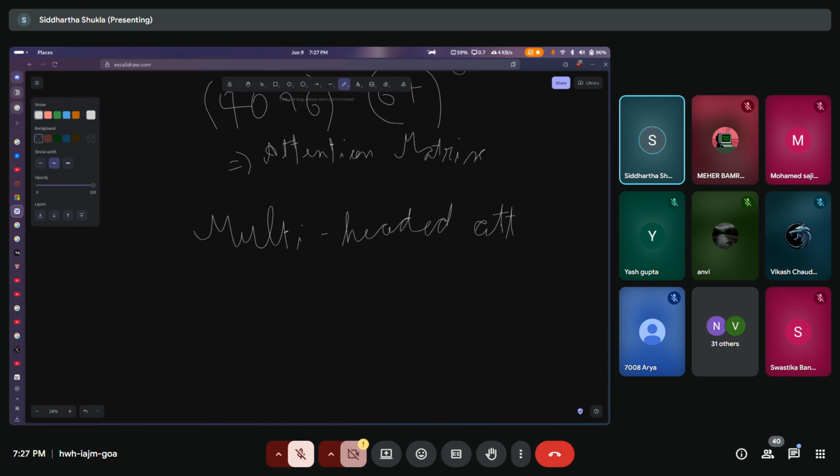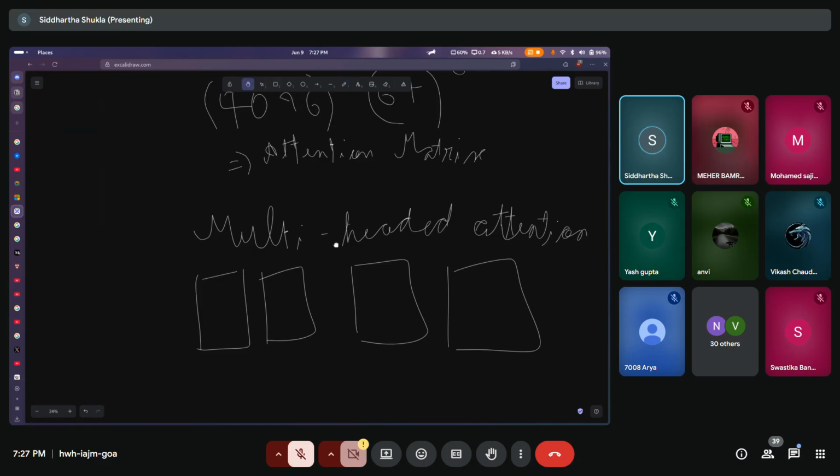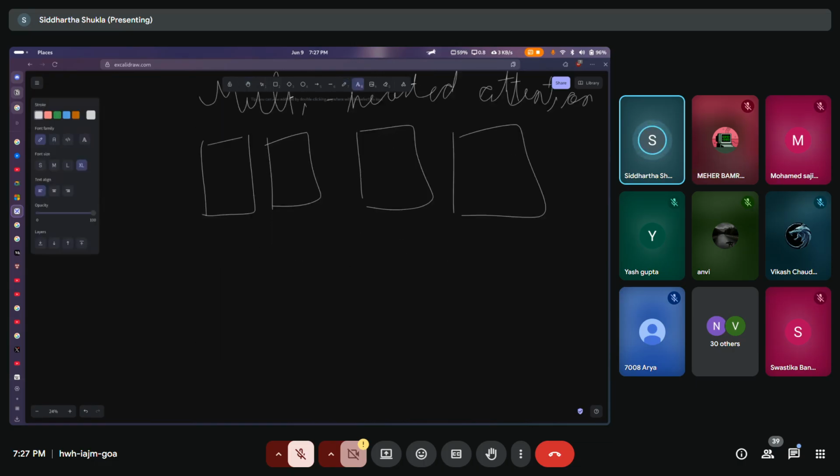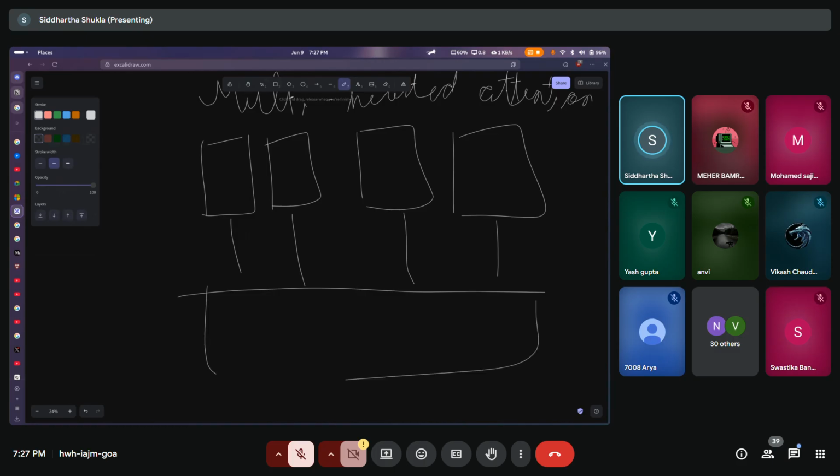Right now, we have only discussed single-headed attention, but modern day LLMs use multi-headed attention, in which all these attention blocks are parallelized. All of this computation is parallelized. There are multiple attention blocks which are all parallelized and sent over to the next layer, that's the MLP. So why do we need multi-headed attention?